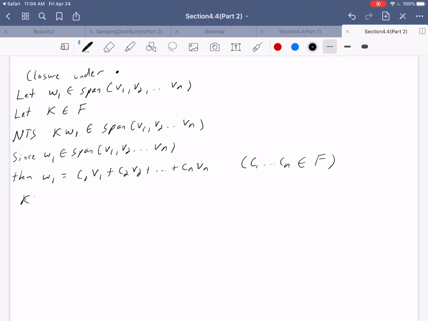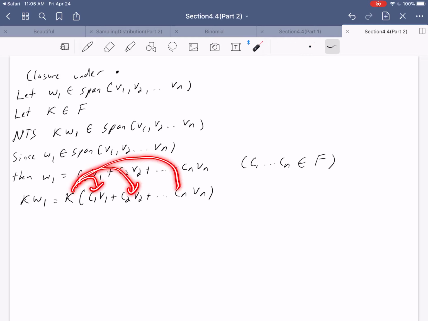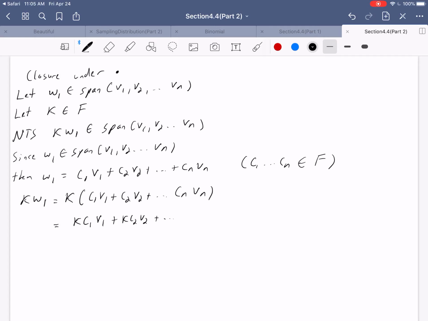Well, then KW1 must be K times (C1 V1 plus C2 V2 plus ... plus Cn Vn). And we know that we have the distributive property, so this distributes onto all of those. So we can view that as KC1 V1 plus KC2 V2 plus ... plus KCn Vn. And then with a little bit of parentheses for notation, we can see that as (KC1) V1 plus (KC2) V2 plus ... plus (KCn) Vn.